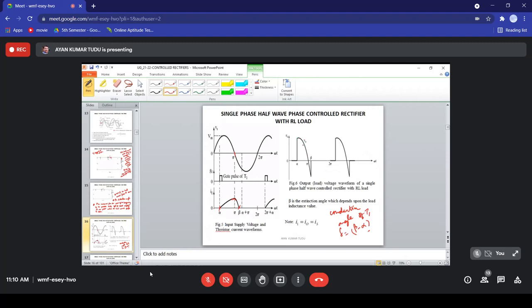Since the thyristor is still conducting, this is the output voltage waveform for a single phase half wave controlled rectifier with RL load. This is the negative output voltage that we get for omega t equal to pi to omega t equal to beta radians, and beta is the extinction angle depending upon the load inductance value.